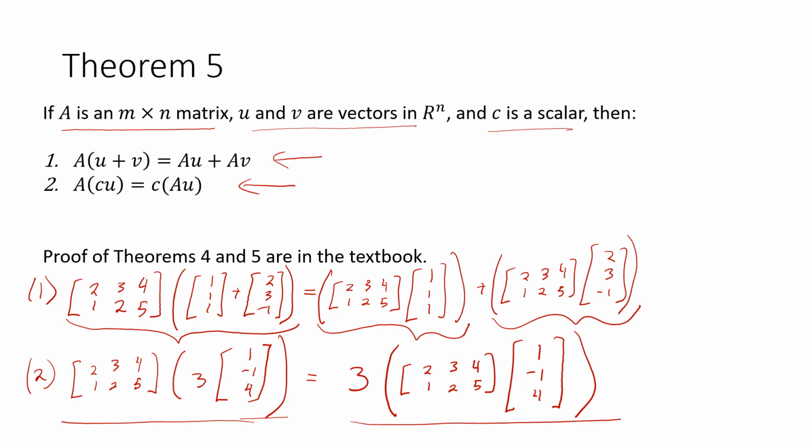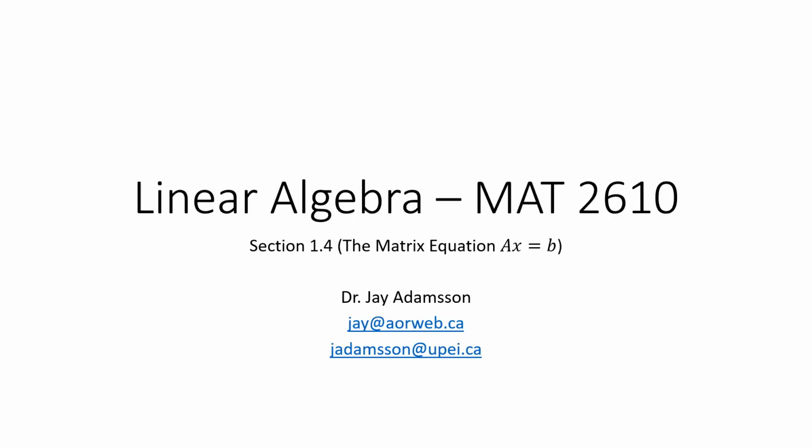When you're multiplying regular numbers, you know that 3 times 2 is equal to 2 times 3. It doesn't matter what order you put them in. When it comes to matrices, that is very important. You cannot change the order. So you'll notice when I rewrote things, I always write the matrix on the left and the vector on the right-hand side. Be careful of that.